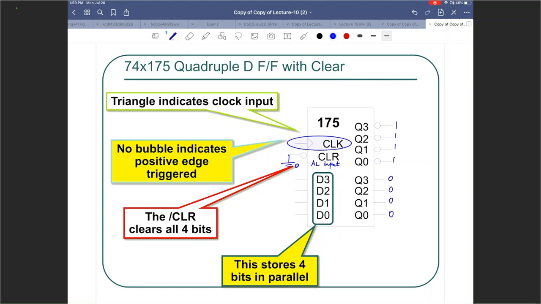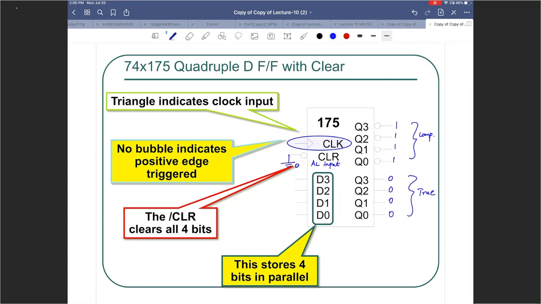So the outputs for this chip are available both in true form as well as in the complement form. And I can clear all of them with an active low input.